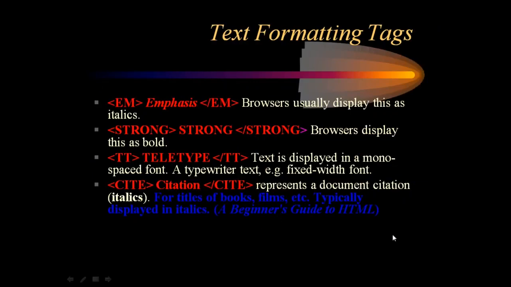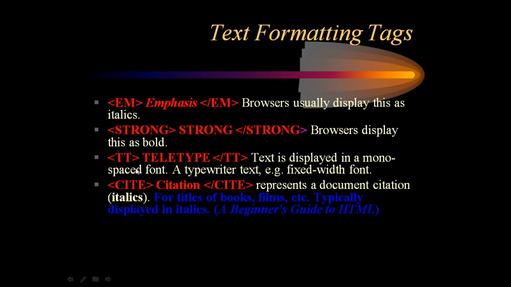Next is our text formatting tags. Text formatting tags are basically used to format your text by using tags like bold, italic, strong, or if you want to cite, for example all book names are cited by the cite tag. EM stands for emphasis, usually displayed as italics. Strong works like bold.